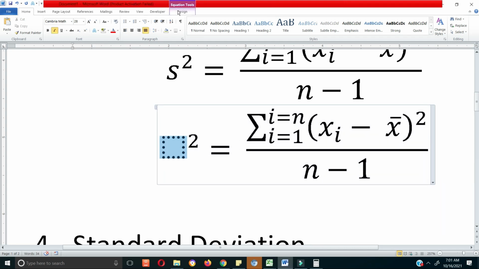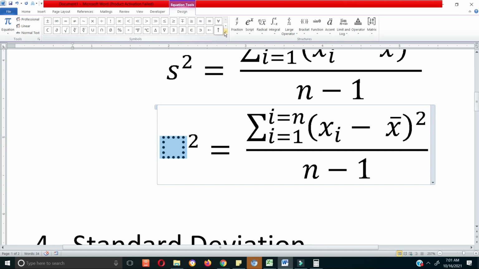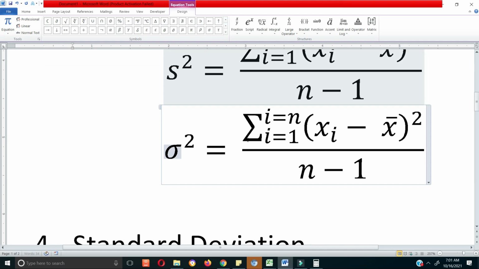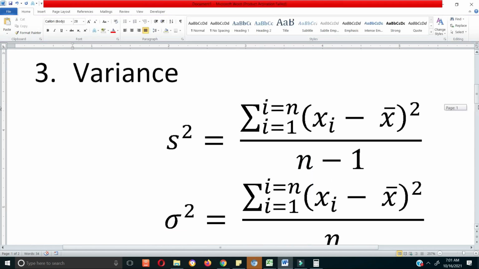When you have the population variance, normally we use sigma for this. It is simply over n. This is the population variance, and that is the sample variance.